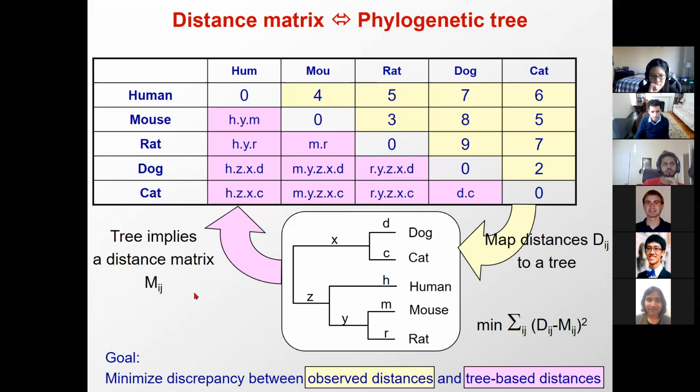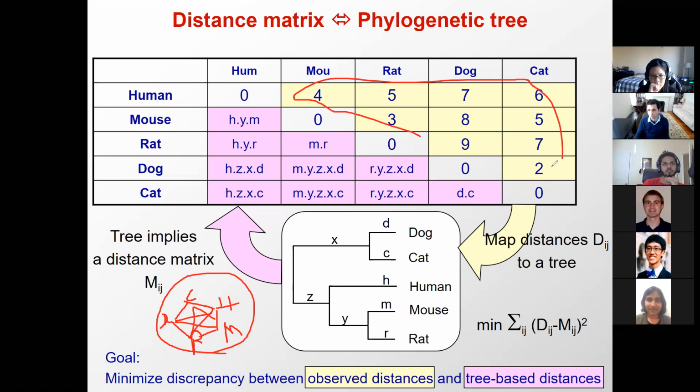So I can say I have dog and cat and human and mouse and rat, and I can draw all of the pairwise distances and let them be whatever I want them to be. Okay? Everybody with me so far? So this is just a fully unconstrained model. And that's the top part here of the matrix. That's saying, here's all the pairwise distances.